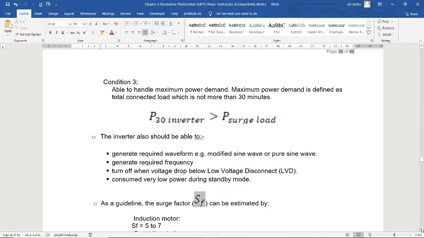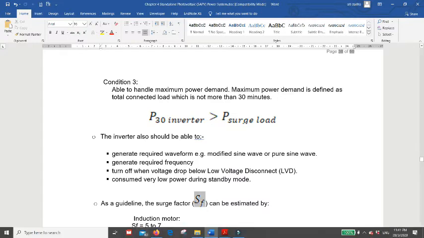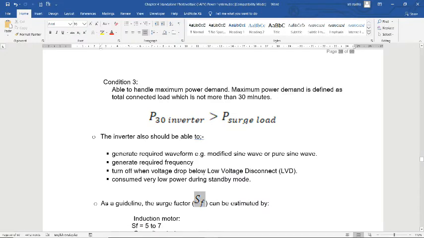Other than that, the inverter also should be able to generate the required waveform, for example modified sine wave or pure sine wave. Okay, a good inverter can provide pure sine wave and generate the required frequency, so for Malaysia it is 50 Hz, and turn off when voltage drops below low voltage disconnect.